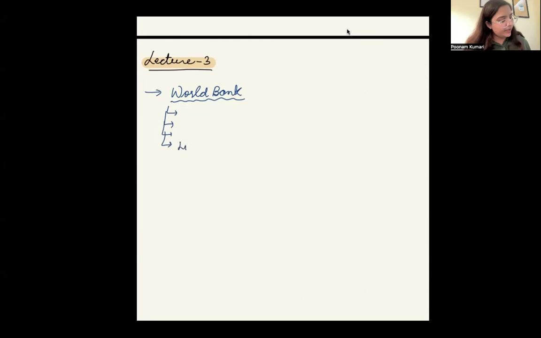First is low income, then lower middle, then upper middle, and then high income countries. And then we obviously had numerical numbers for each.